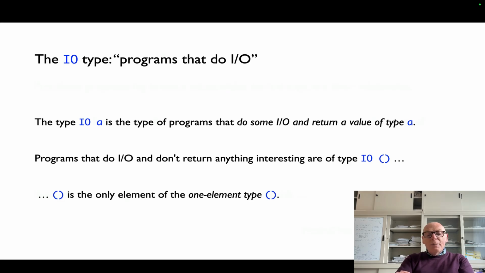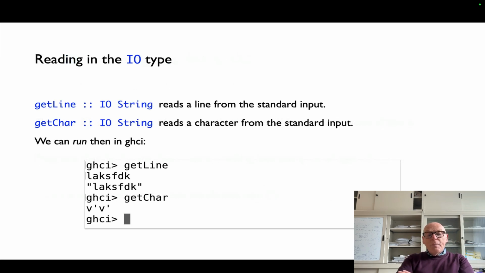Unit is the only element of the one element type, which is written in the same way. So open paren, close paren, is of type open paren, close paren, the one element type. So these are programs that do I/O. So an IO A is not an A. It's just a program that can run.